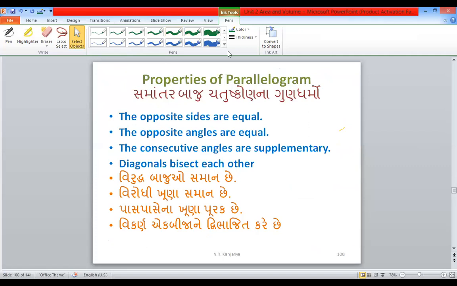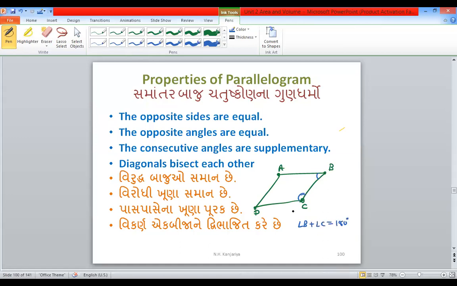Yes, consecutive angles, that's mean if you have any parallelogram, look here, this is your parallelogram ABCD. If you draw the angle and take the sum of these two angles, it's angle B plus angle C. It's always 180.